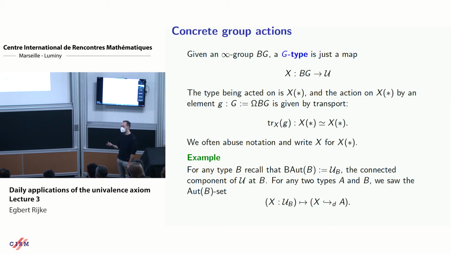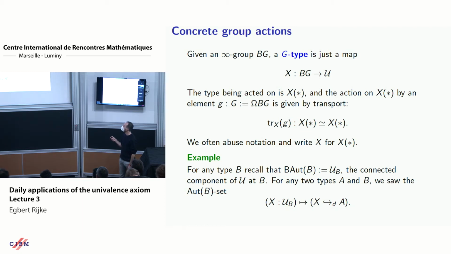And the action of the group, which is the pointed connected one-type, on the type that should be acted on is just by transport, which you construct by the elimination rule for the identity type. So this comes automatically in type theory for free, basically, and that's why this theory is so nice.